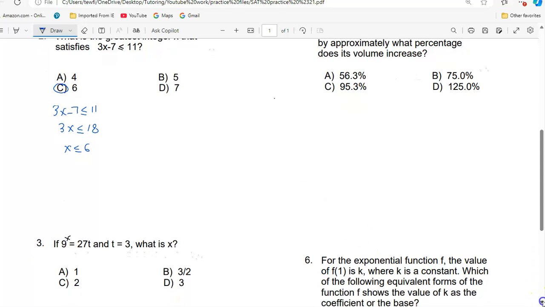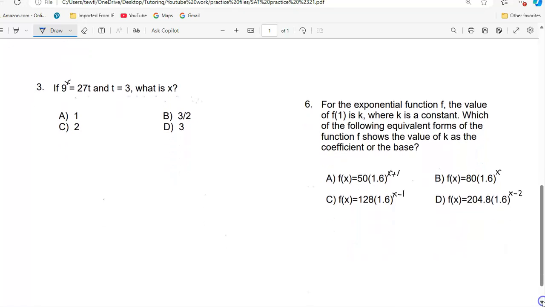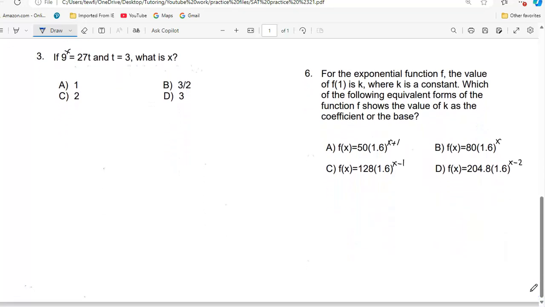For number 3, you can pause the video and try it yourself. If 9 raised to the x equals 27t and t equals 3, what is x? Okay, so we have 9 raised to the x equal 27t, but we know t equals 3, so that means 9 raised to the x equals 27 times 3, and that's going to give us 81.